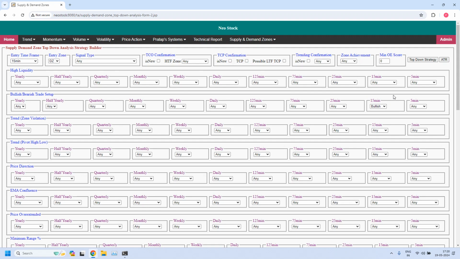Okay, now for 15 minutes it is a bullish trade setup. A report will be generated if I click on this top down strategy, but I want to set 3 additional filters. The first filter: I don't want pierced zones because we don't trade on pierced zones. So my pierced count should be 0 for my 15 minutes demand zone. So how to set?